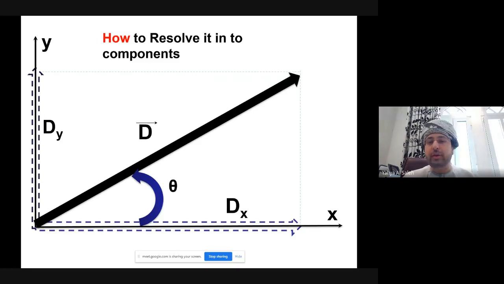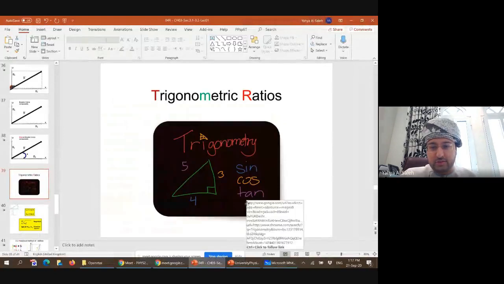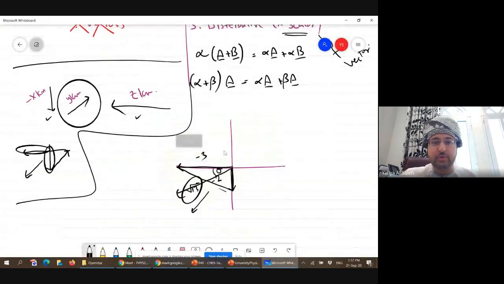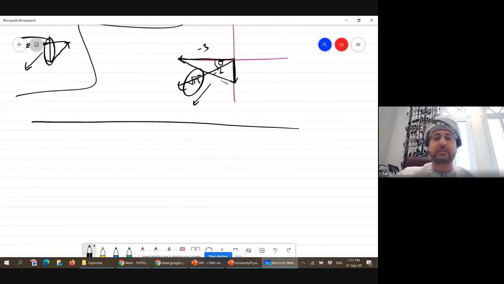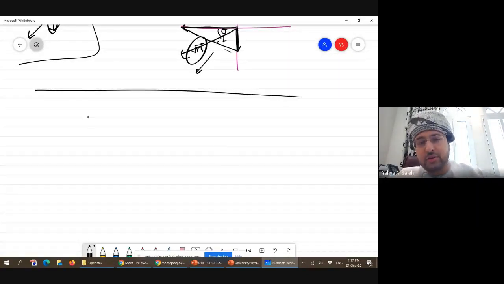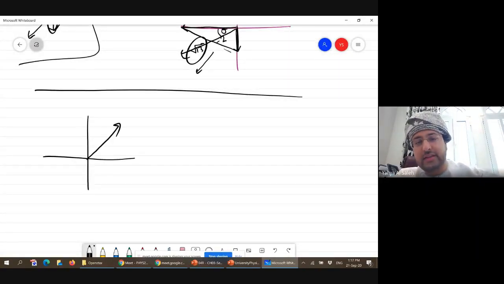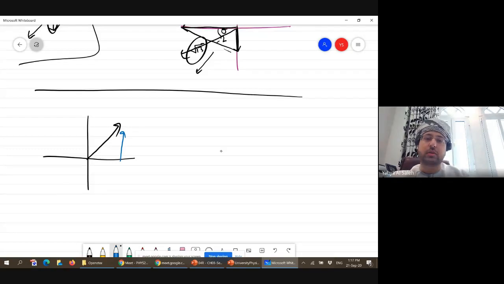I'm not going to go into the details of how we do the maths in this lecture, because it's going to confuse you. But what is important is, when we have a really complicated vector, something like this going at an angle, I can make the math easy by looking at how much is this alone and how much is this alone.